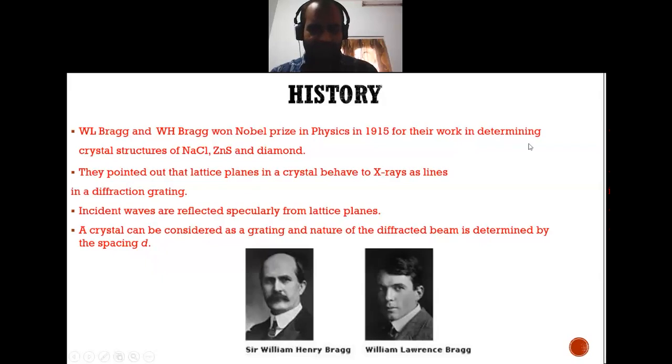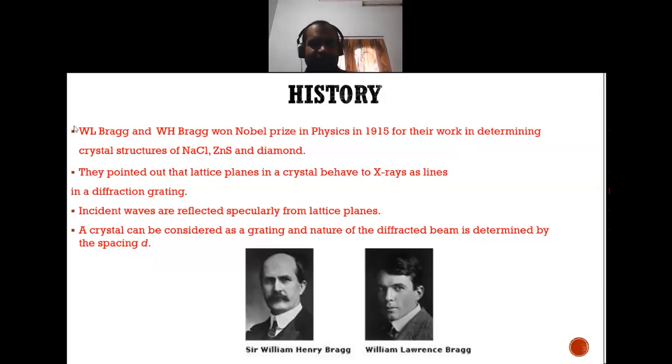Their work was to find out the crystal structures of sodium chloride, zinc sulfide, and diamond. For this pioneering work on determining crystalline structures with the help of X-ray diffraction, both were awarded the Nobel Prize.